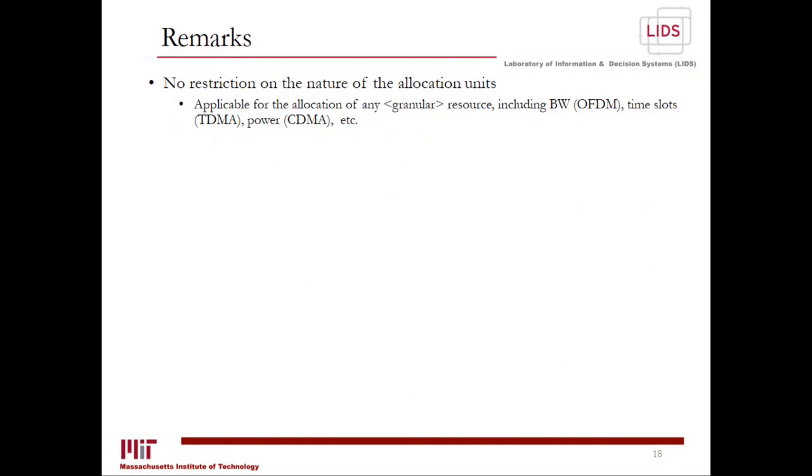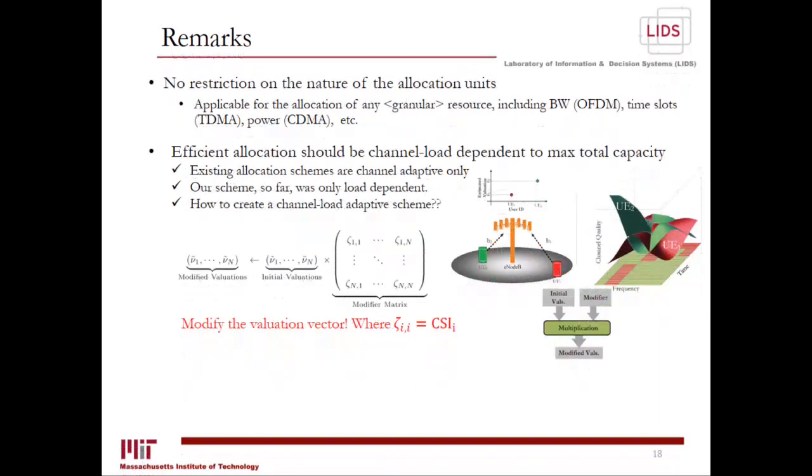For example, we can allocate power if we have different levels of power, for example in CDMA systems. We can allocate time slots in TDMA. We can allocate resource blocks, RBs, in OFDMA systems. So this is the first thing I wanted to emphasize.